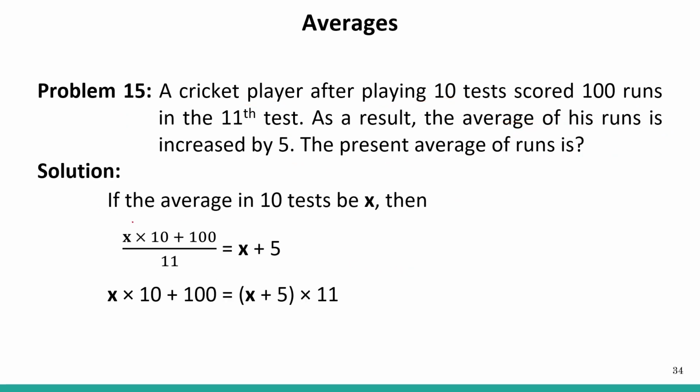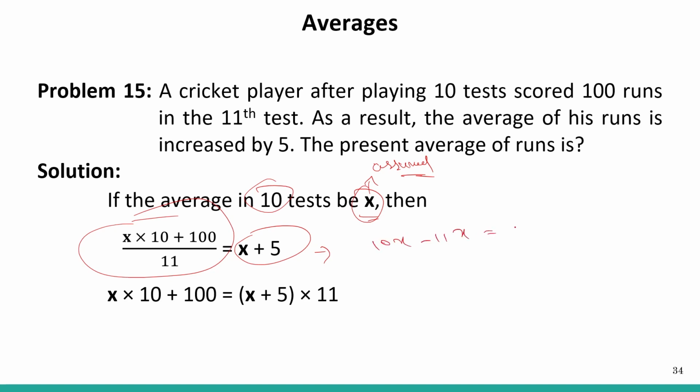So let's see. Assume the average of the 10 tests to be x. So x plus 5 is equal to x into 10 plus 100 whole by 11. Solving this algebraic equation, we are left with 10x minus 11x is equal to 55 minus 100.